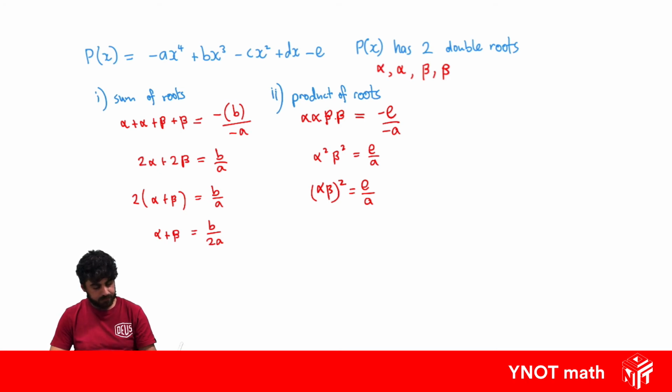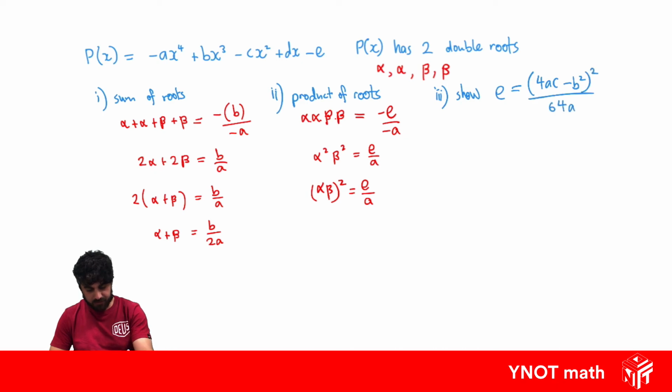Now, next part is to show that E equals (4AC minus B squared) all squared over 64A cubed.